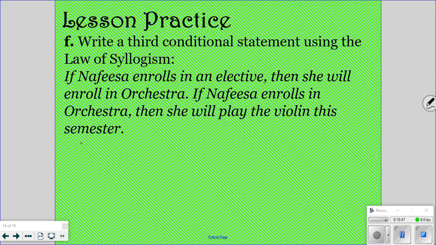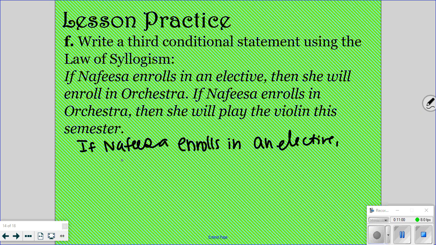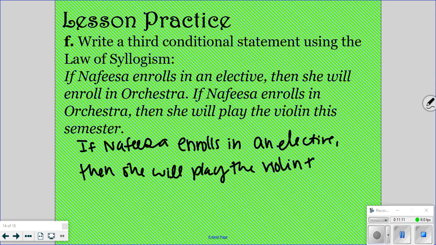So your answer should be, if Nafisa enrolls in an elective, then she will play the violin this semester. So that would be your answer for that one.